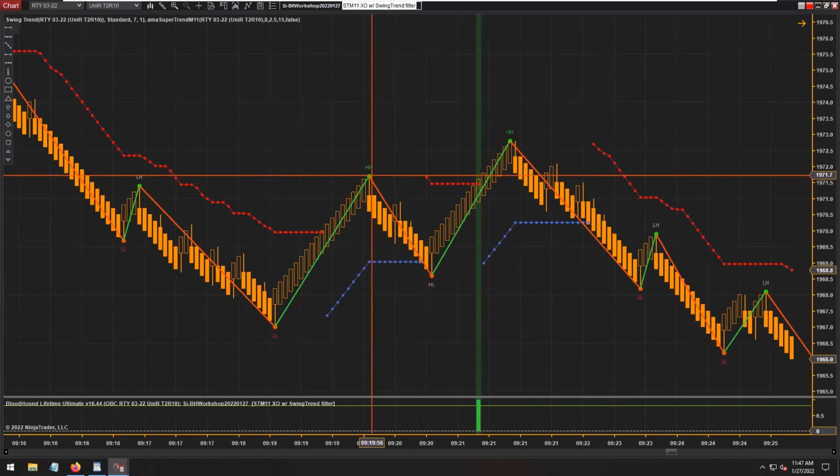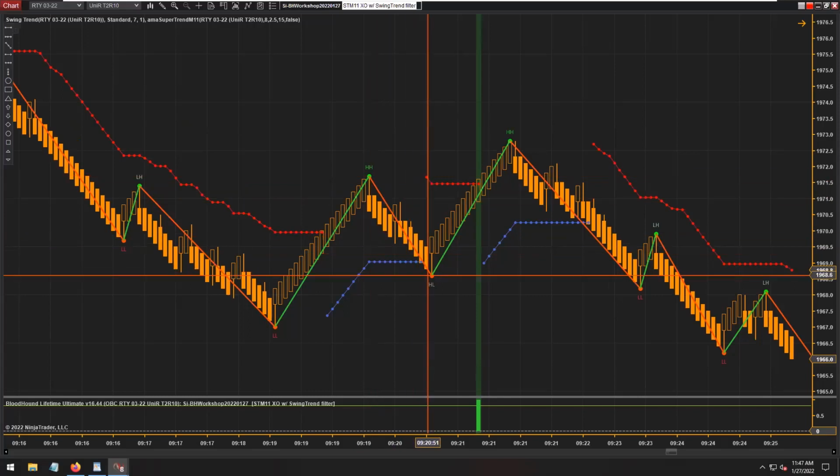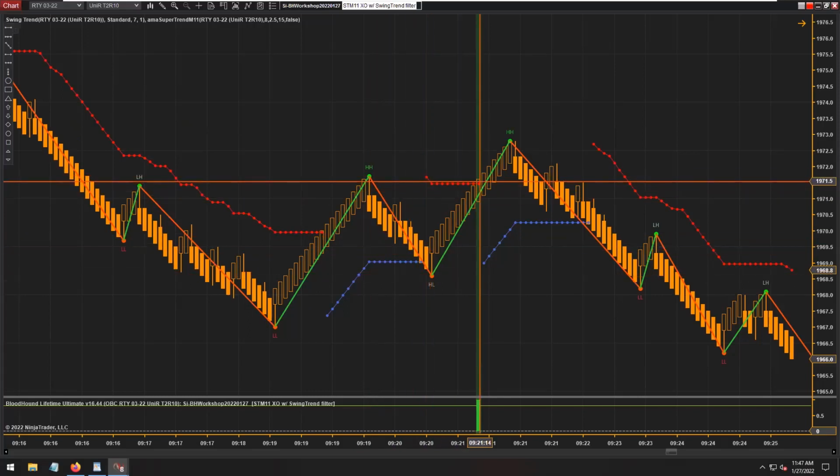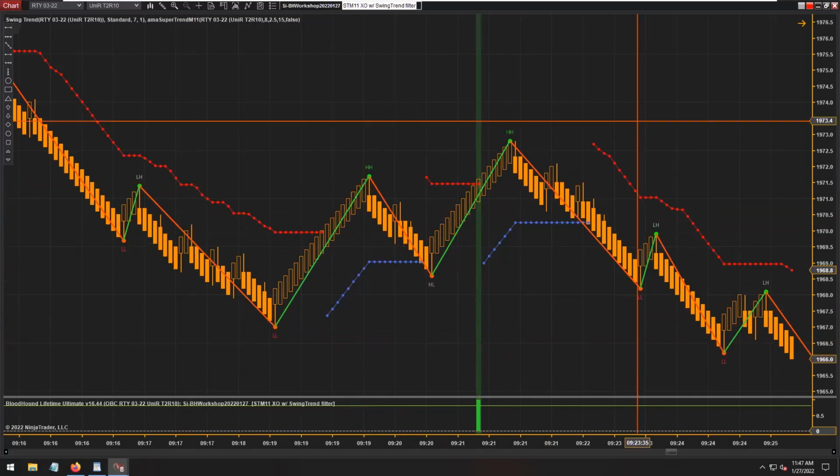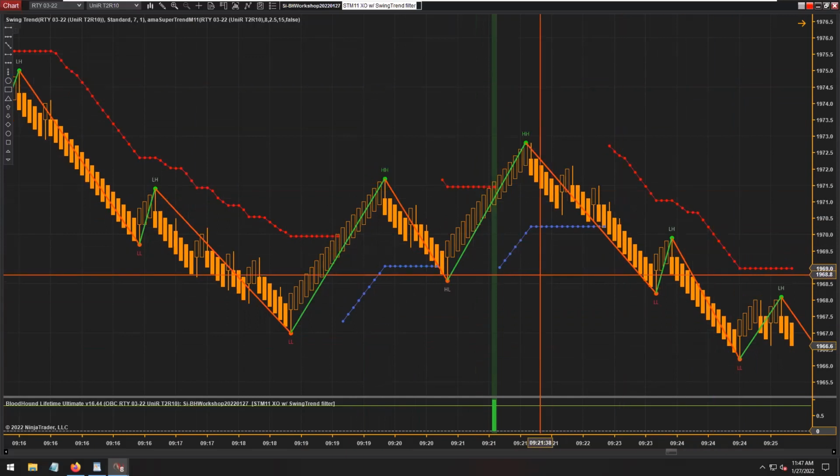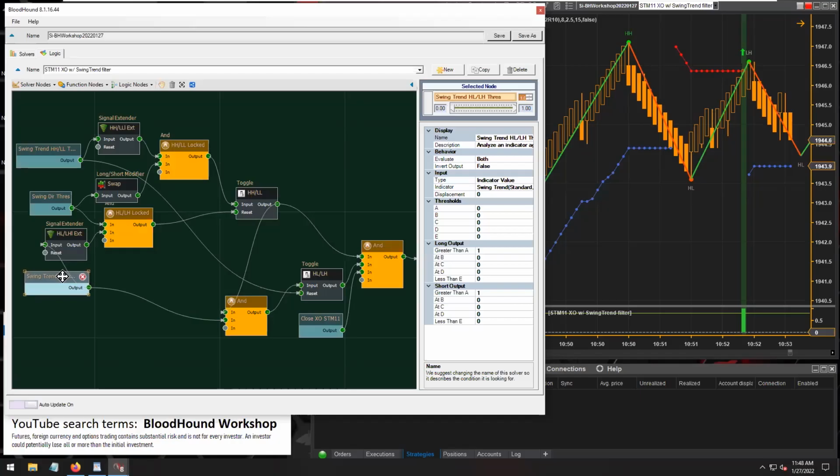Let's see, all right, so we get a higher high, a little higher low, and a crossing of the super trend. All right, I think it looks good now. I think this is nice and cleaned up.